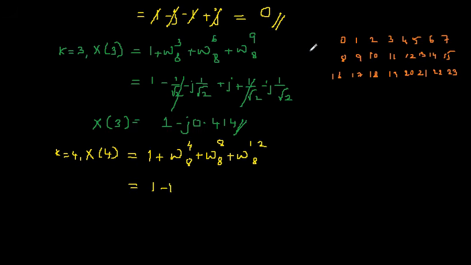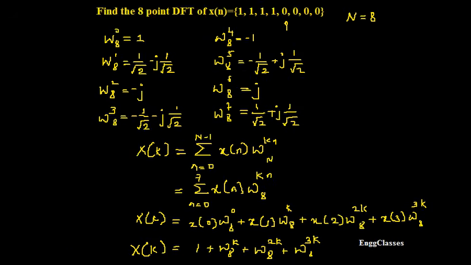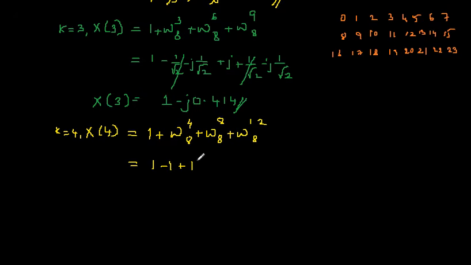W8 to the power 8, make use of the periodicity here. W8 to the power 8 is nothing but W8 to the power 0, which is 1. We know it. And W8 to the power 12, make use of the periodicity, which is W8 to the power 4, and W8 to the power 4 is nothing but minus 1. Are you following it? So all these values plus 1, minus 1, plus 1, minus 1 would cancel. Ultimately, I'm going to get 0 as the answer for X of 4.